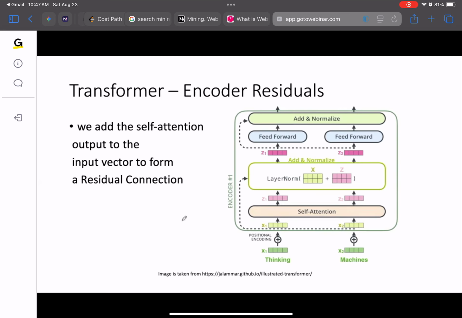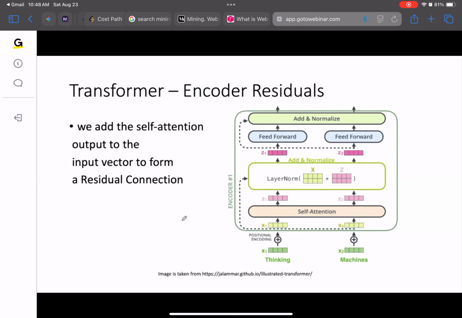A residual connection typically means that we have a connection between the output of a previous layer and the output of the next layer. So there's a direct connection, so that gradient propagation happens easily. We typically see them in several other networks.